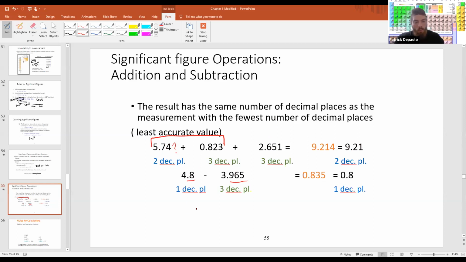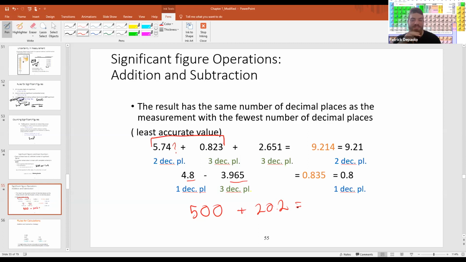Sometimes, and I think you'll see this in the homework, you'll have numbers like this. What does this equal? Anybody want to tell me, based on significant figures, what this equals? Either by saying it or in the chat. Not 520, believe it or not.